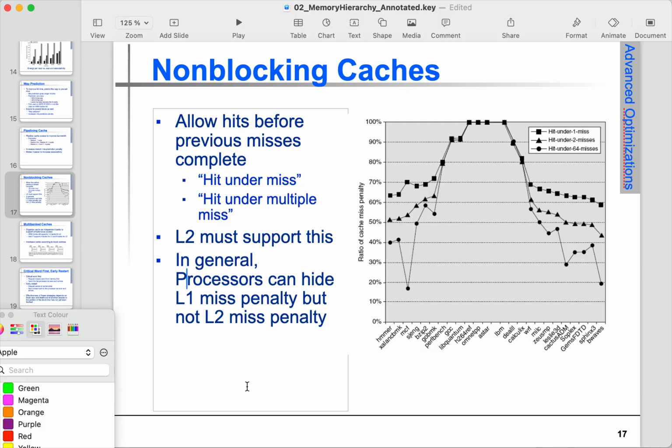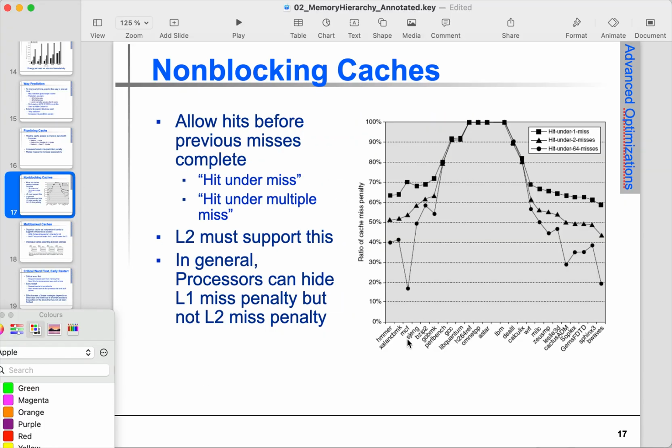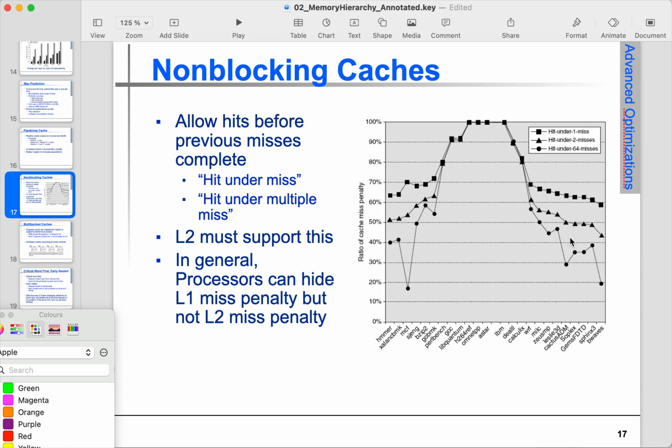Level 1 and level 2 would give some penalty in terms of the non-blocking caches. We can see here in this visualization the ratio of cache miss penalty.